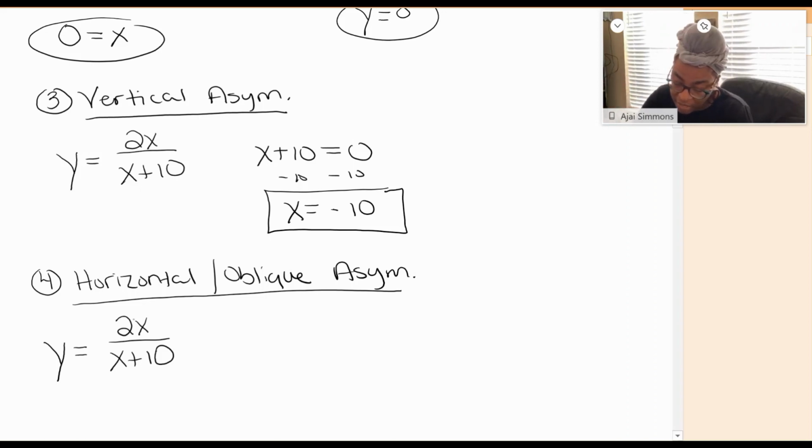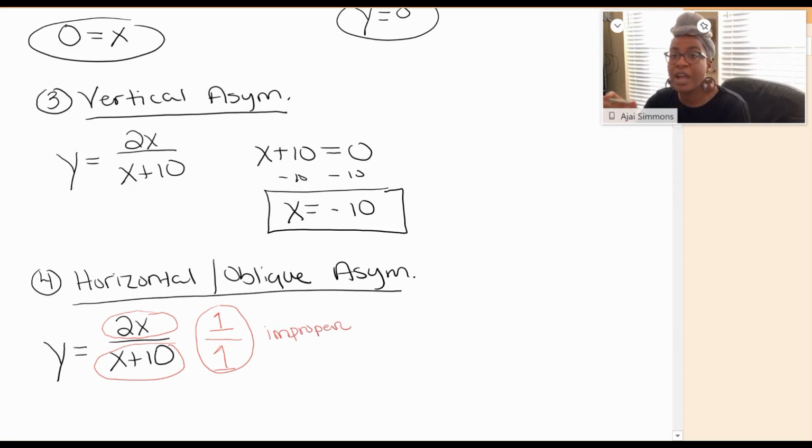So if you look at the top, it has a degree of 1 because the highest exponent is 1. The bottom has a degree of 1 as well because the highest exponent is 1. So if you think about the fraction 1 over 1, this right here is actually an improper fraction.